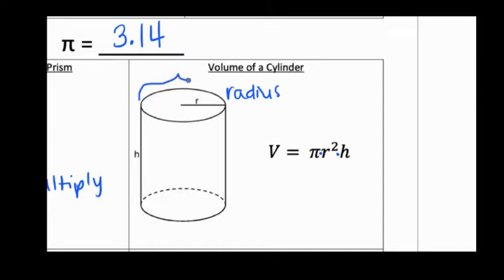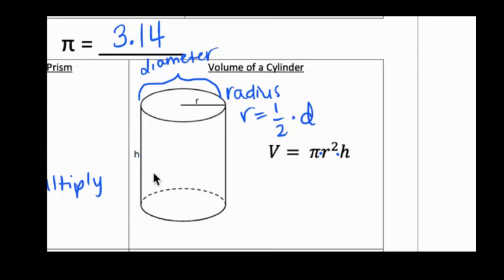The entire distance across a circle is called the diameter. So to find the radius, you just have to take half of the diameter. If they give you the whole diameter for this problem, then you would have to divide it into two pieces to figure out what the radius is before you can use this formula.